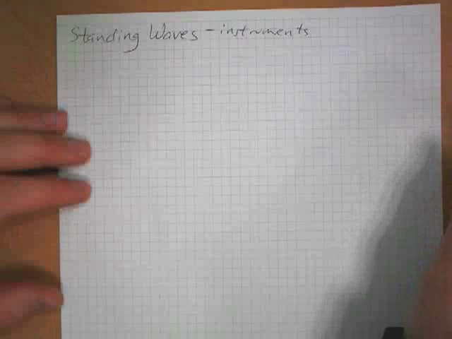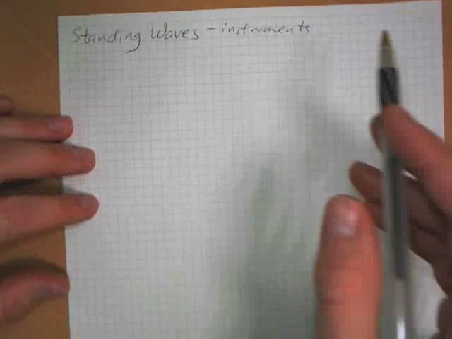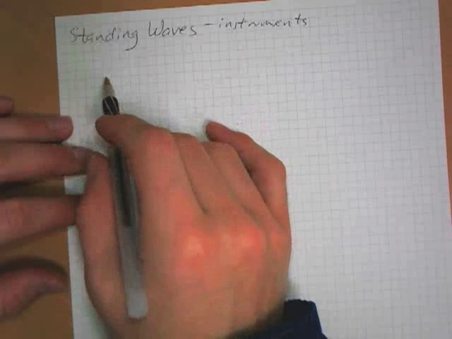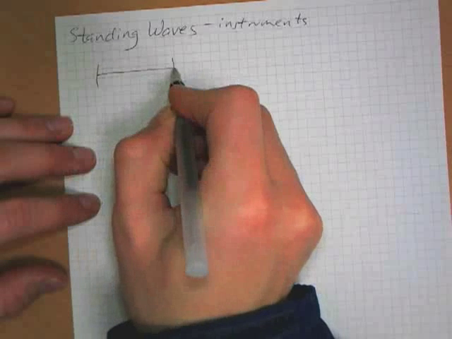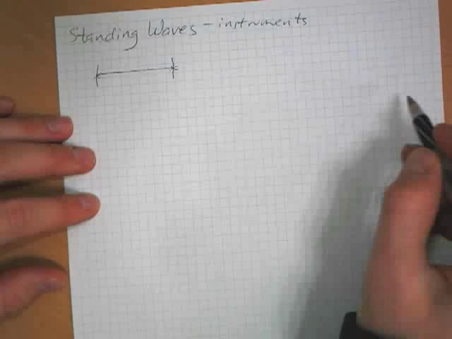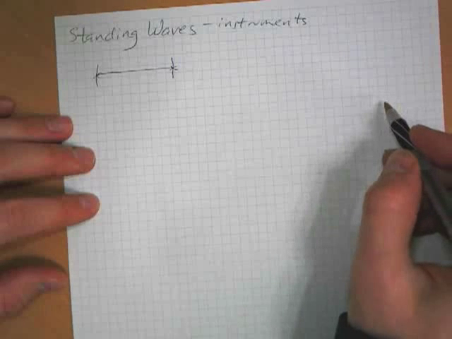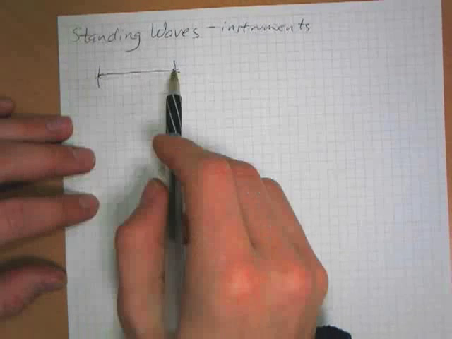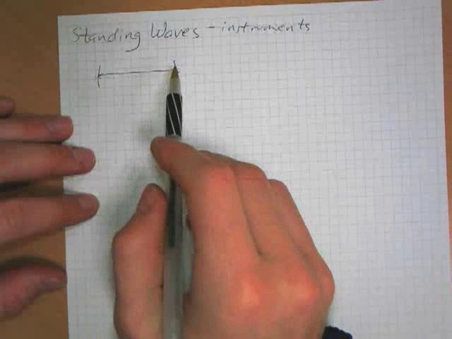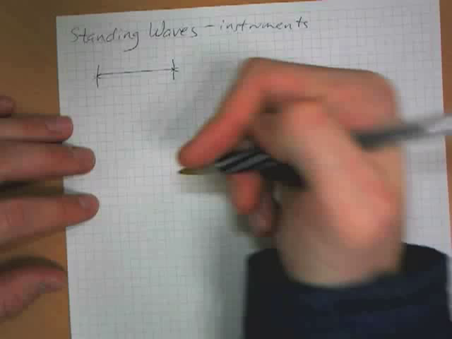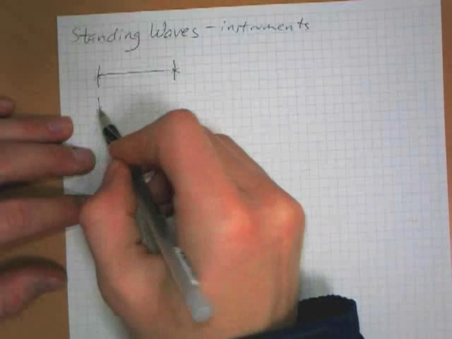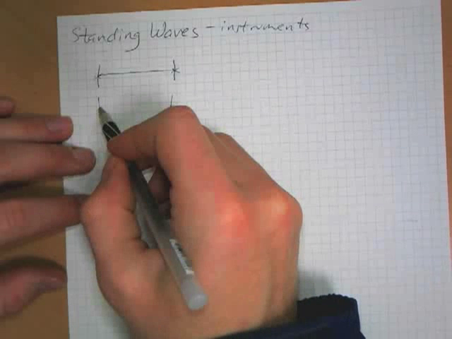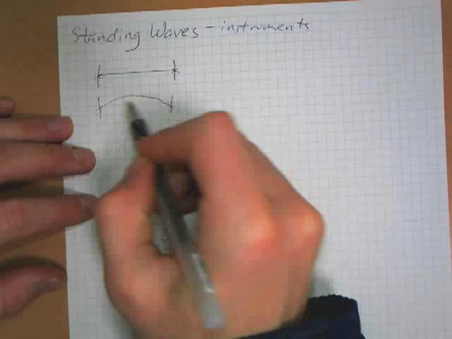Again, the string is the easiest example to deal with. So let's consider we've got a string, and let's say both ends of the string are anchored to a wall or something, so that these ends don't move, right? If you pluck this string, odds are good that it will vibrate with these ends not moving, and it'll vibrate so that it creates this sort of half wavelength.